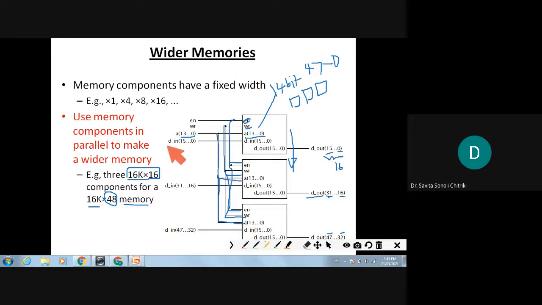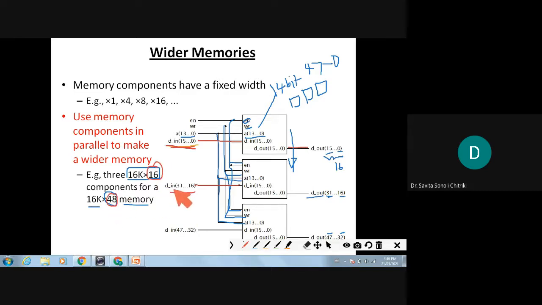will be the data bus. The only change, see here: data in 0 to 15, data out 0 to 15. But for the next one, exclusively, data in is 16 to 31. We are not combining them, because I want to make this 16 bits into 48 bits.